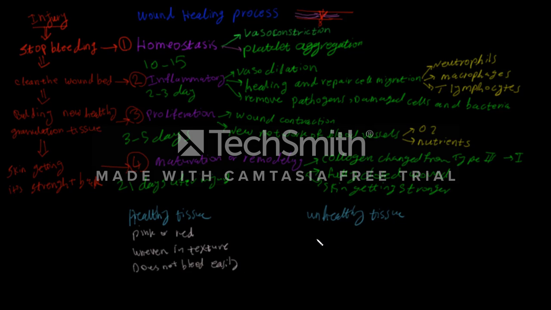Unhealthy tissue, on the other hand, usually is dark. That may be due to infection, maybe ischemia, or maybe poor perfusion.